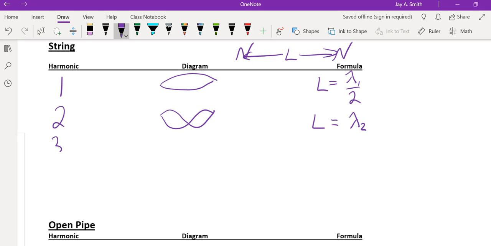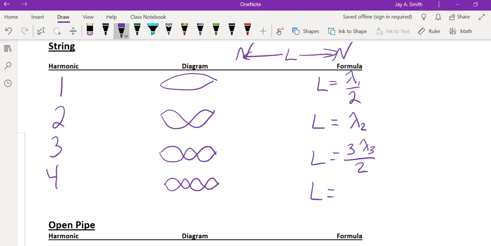And then the third mode of vibration, that's the third harmonic, and it's 3 segments. And each L is equal to lambda 3. And you say, well, how many segments are there? There's 3 segments. If there are 3 segments and each one is half of a wavelength, it's 3 lambda 3 over 2. And then the fourth one would look like this.